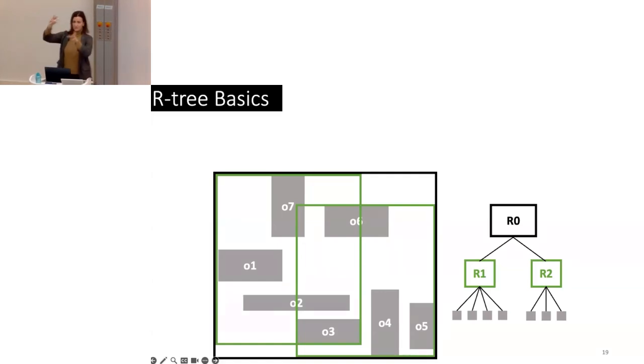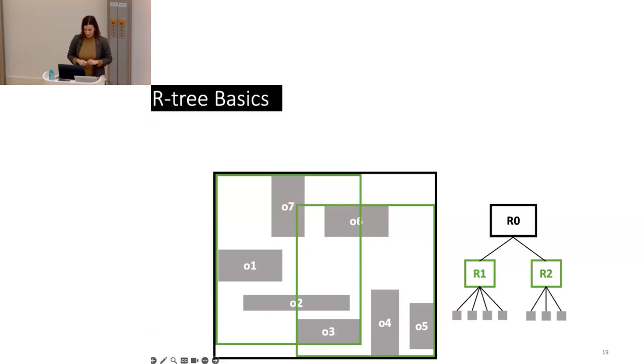Then, when we have all the objects that we want to store in one index node, we summarize the whole node with, again, a minimum bounding rectangle that encloses all the objects that this node stores. And we do that recursively. So we build a tree, and higher levels of the tree are also minimum bounding rectangles that enclose the extent of all the children nodes.